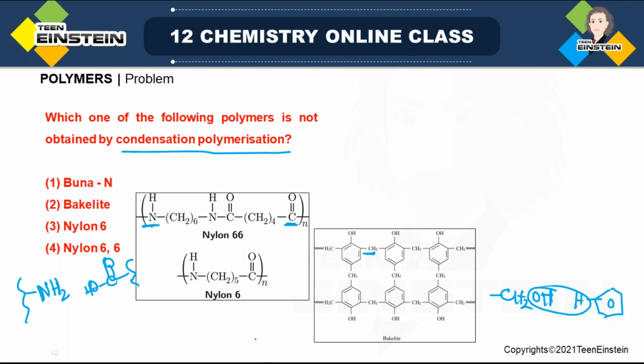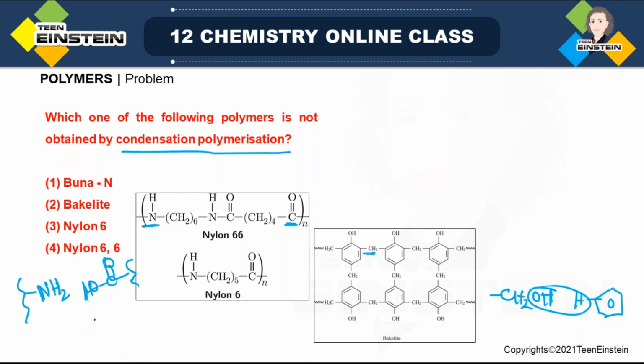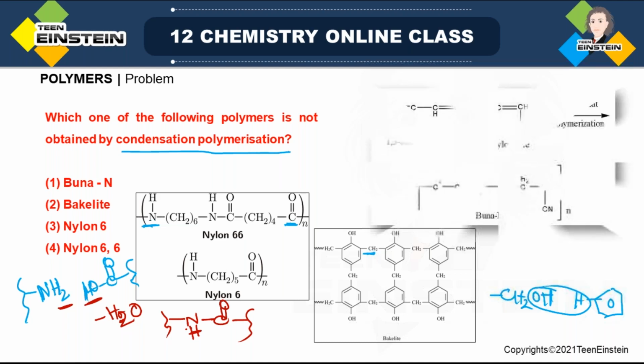We are just focusing on the groups actually involved in the reaction. One hydrogen atom and this OH are removed in the form of water, and as a result you get the NHCO bond, which is amide. So here also removal of a small molecule is involved. So these three are examples of condensation polymerization.